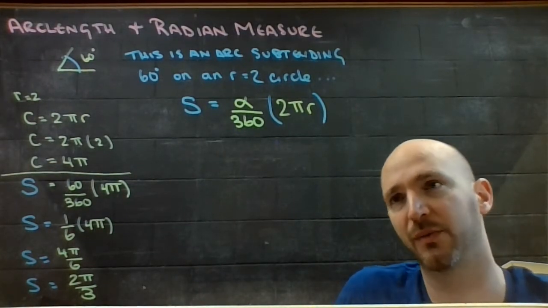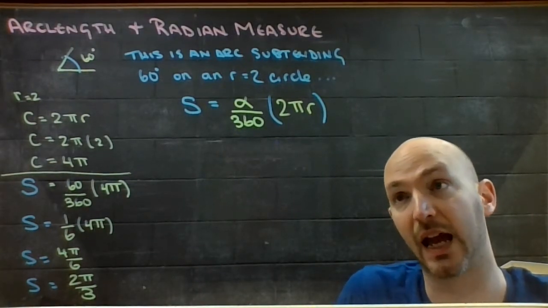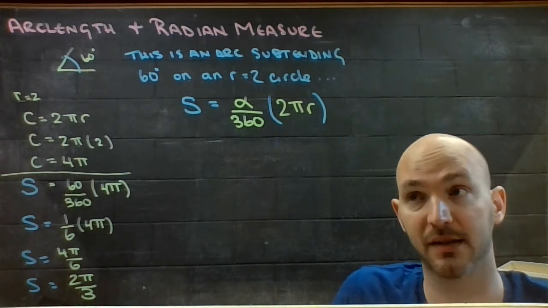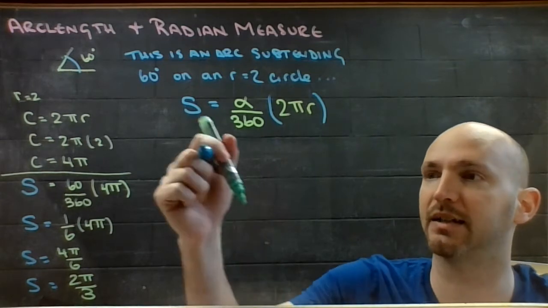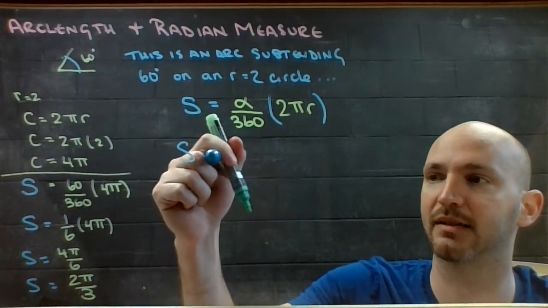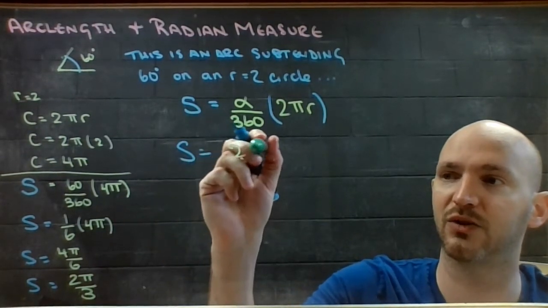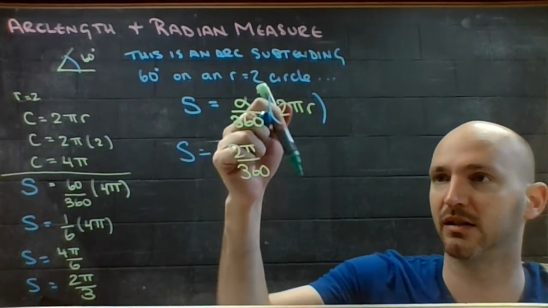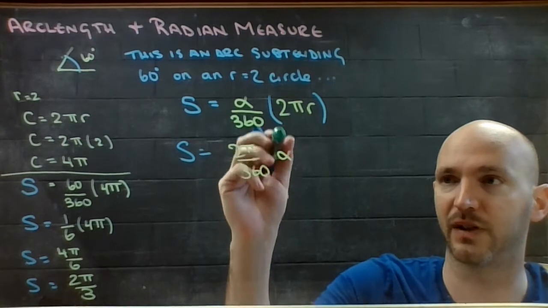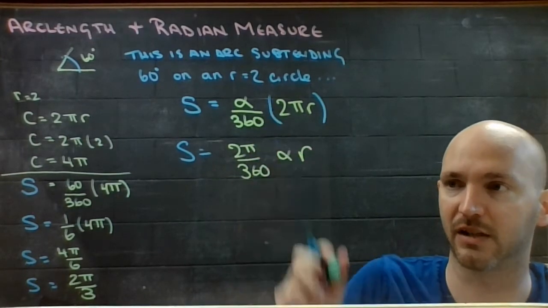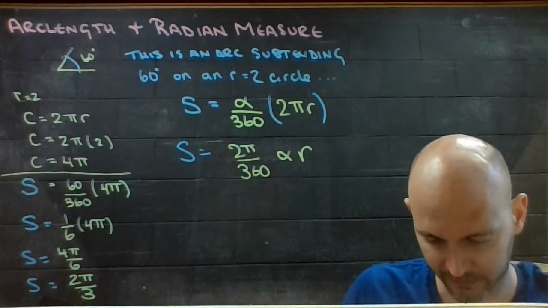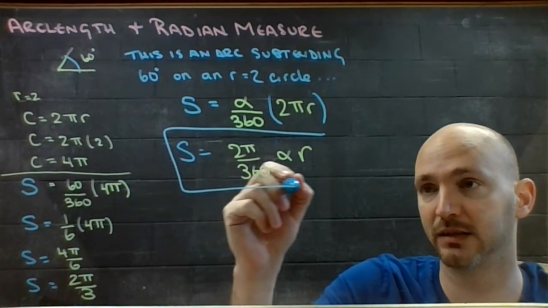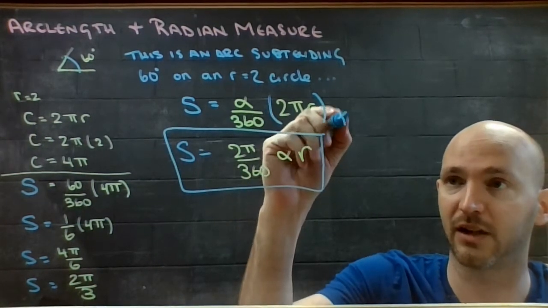And if I were to rearrange this a little bit so that the angle and the radius were together, because those are our variables, and the constants were together, I'd end up with S is 2 pi over 360 times alpha times r. So there we go. I'm going to put this in a box. And we're going to call that the arc length formula.